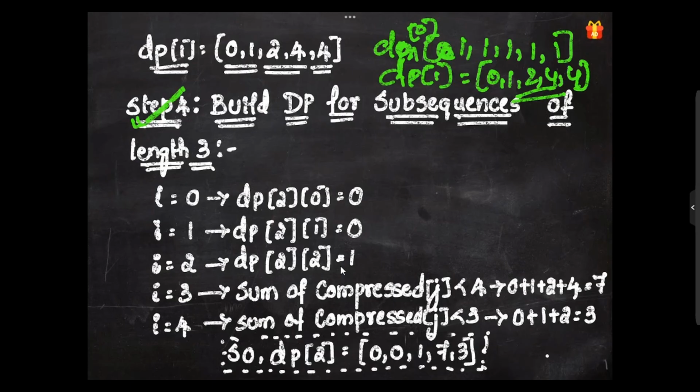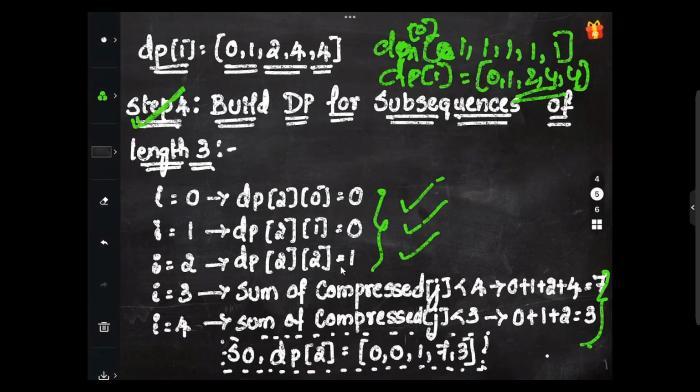I have done the calculation, so I'll not explain it. I have already explained this in what we call step 3, so you can just go through it and you'll get the value. The same steps apply, except the length is 3 here. So this differs here. We'll get 7 and 3. Basically the dp of 2 we will get here is 0 0 1 7 3.